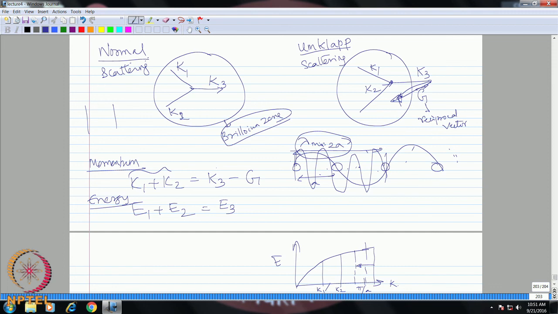In other words, in the normal scattering case, there is no resistance to the collision of the phonons and transfer of momentum, whereas in the case of Umklapp scattering there is a resistance to the momentum transferred. So, the momentum is brought down by means of this reciprocal lattice vector. Therefore, this is the one which results in the thermal resistance.